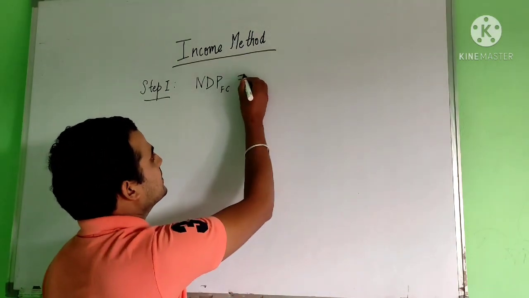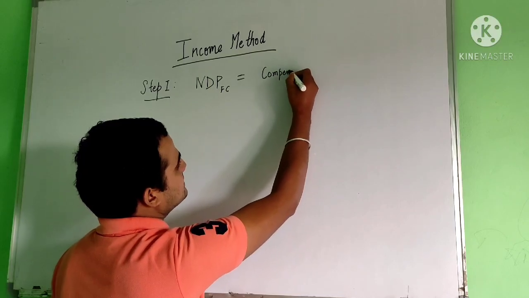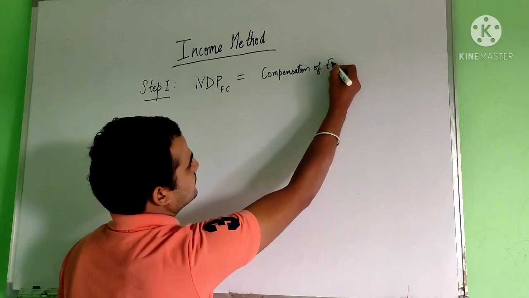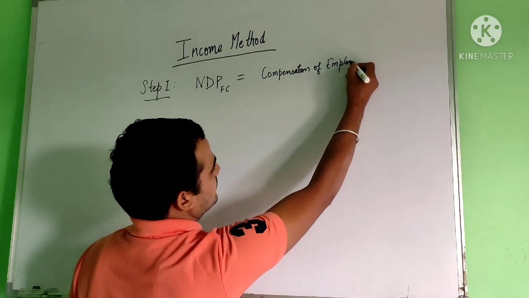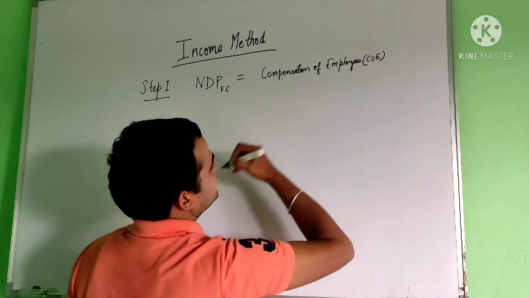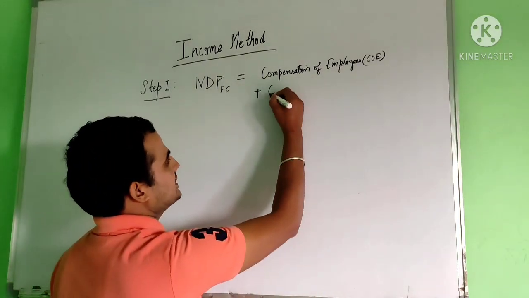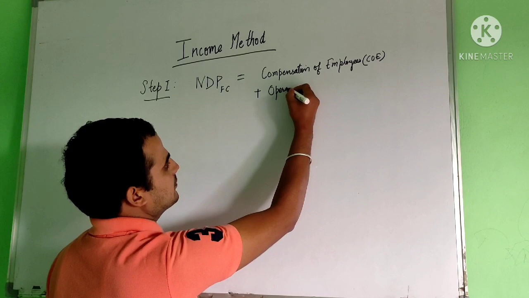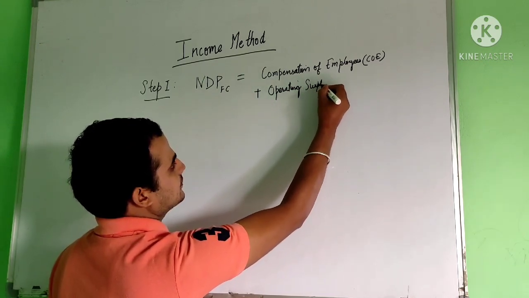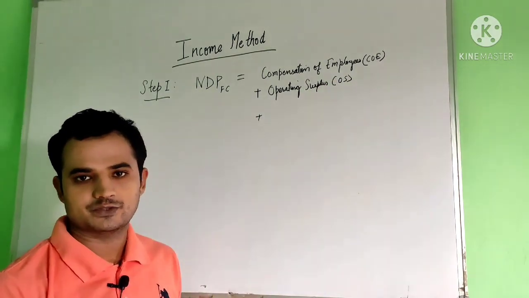So income of the factors include compensation of employees, which we will write shortly as COE, plus operating surplus, which we can write as OS, plus mixed income of the self-employed.